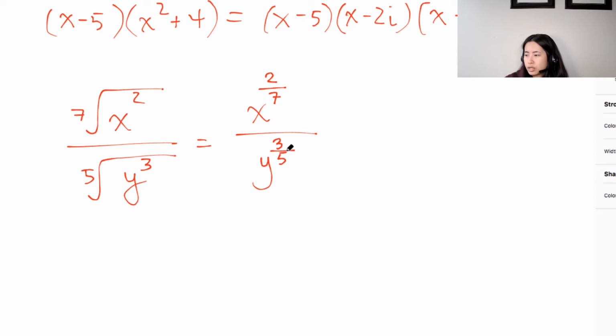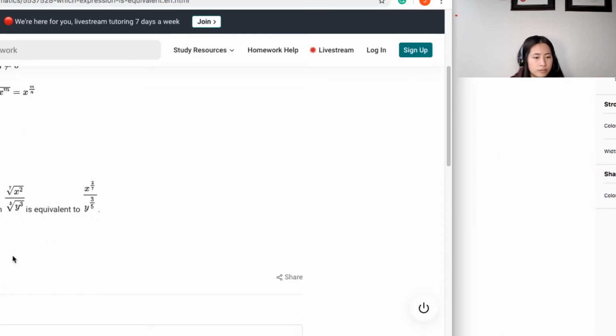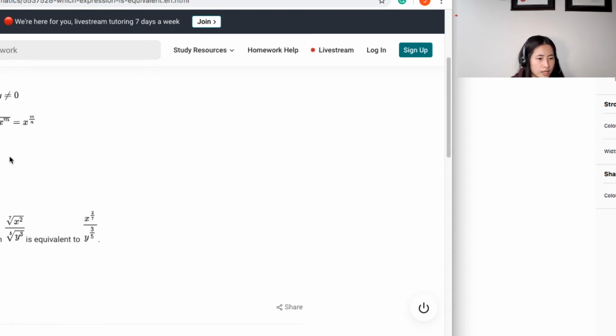So let's take a look at what they wrote. And by the way, I just wanted to clarify, if your y expression is in the form of an x, then you can simplify this further. Because these two are not like terms, this is your final answer. So let's see what they wrote. So x is 2 over 7 and 3 over 5.